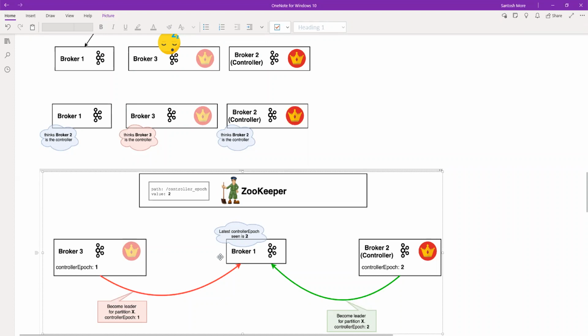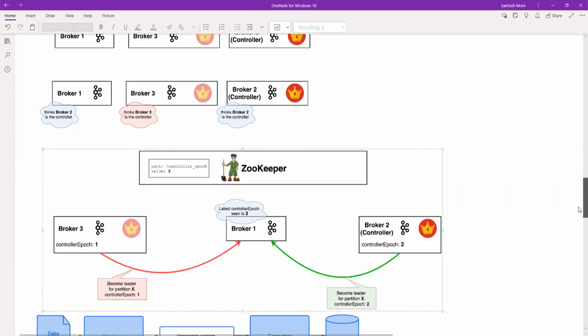That helps the follower brokers, which are not controllers: whenever they get these admin messages, they look at the epoch value, and whichever message has the greater epoch value will be considered. That is the way they resolve this conflict.